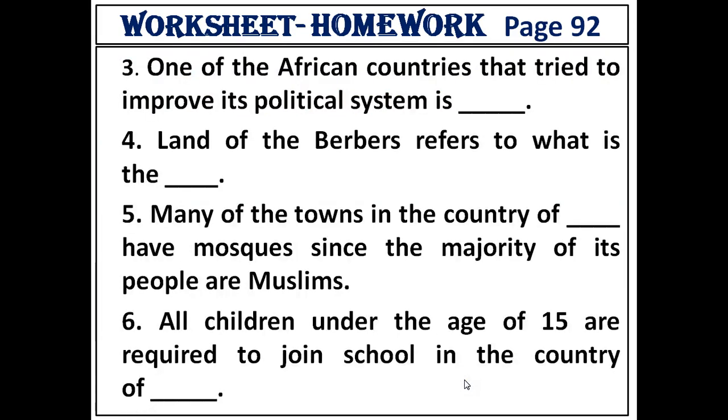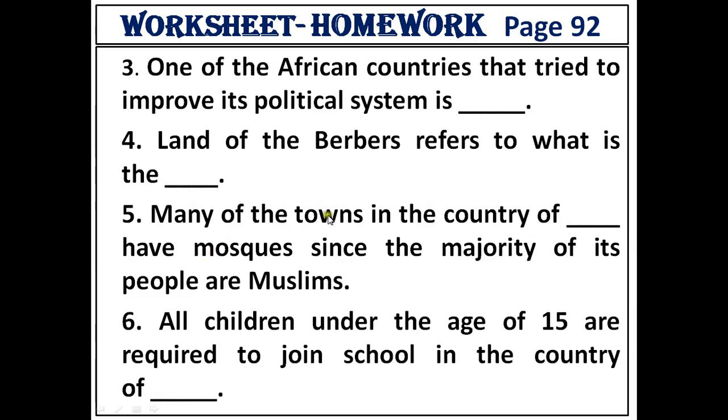Now the next is: one of the African countries that tried to improve its political system is, you have to write the answer here, what? Now, land of the Berbers refers to what, the dash.